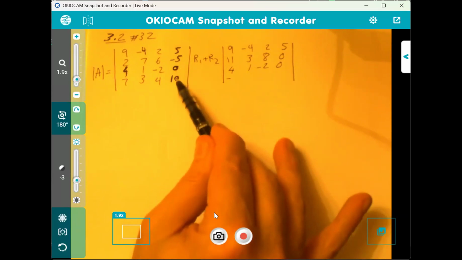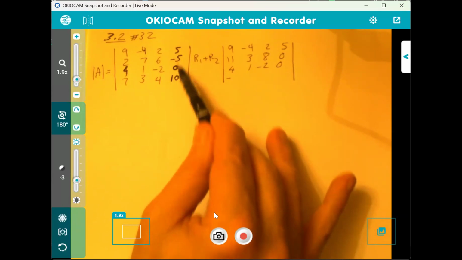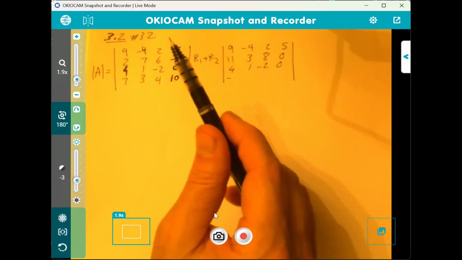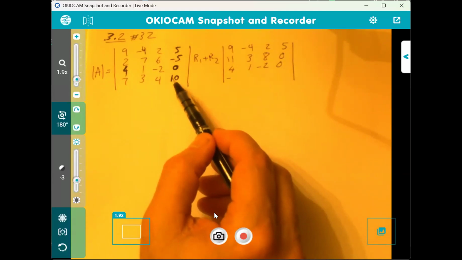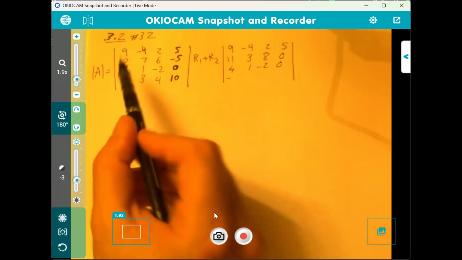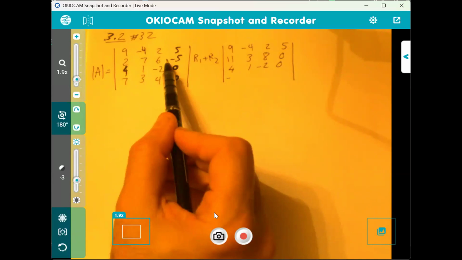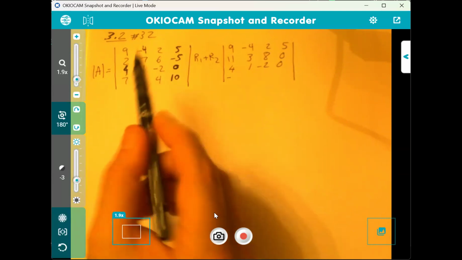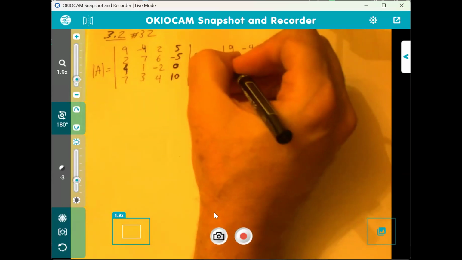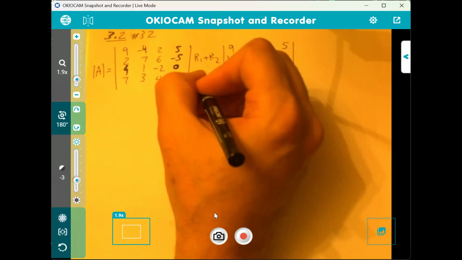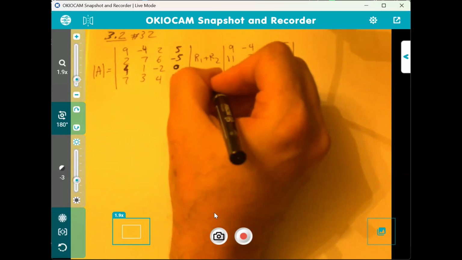Could I multiply, for example, the second row by 2 and add it to the third row? Let's do that. So here's what I'm doing: twice row 2 added to row 3.